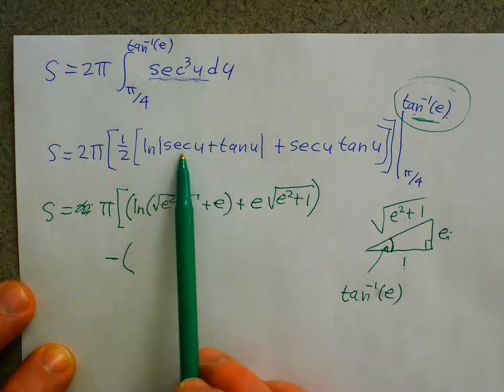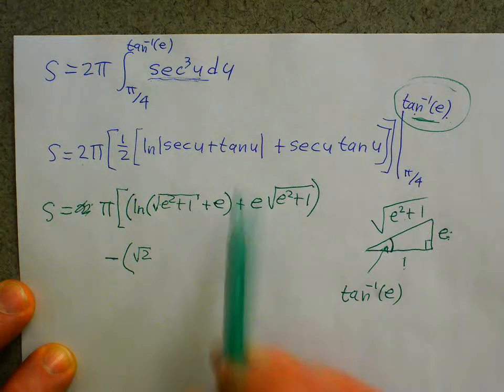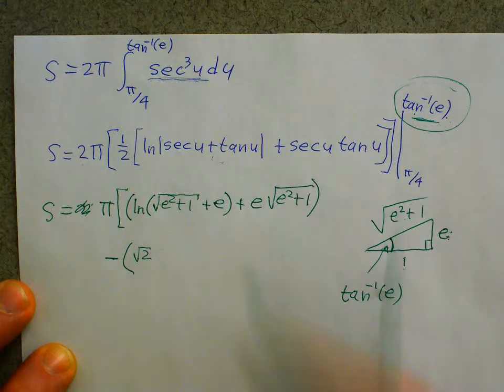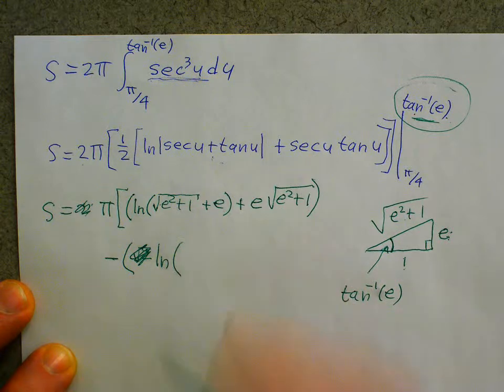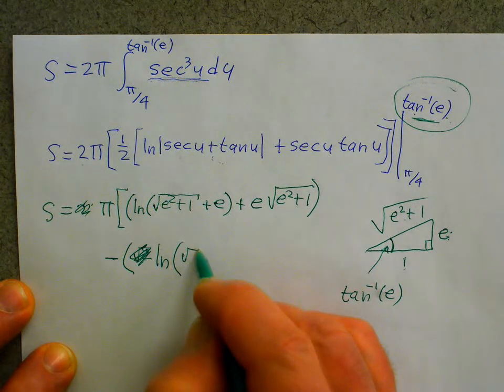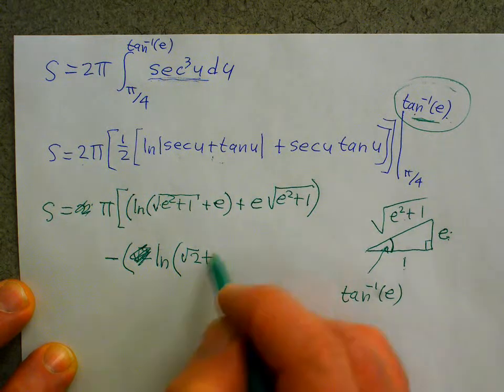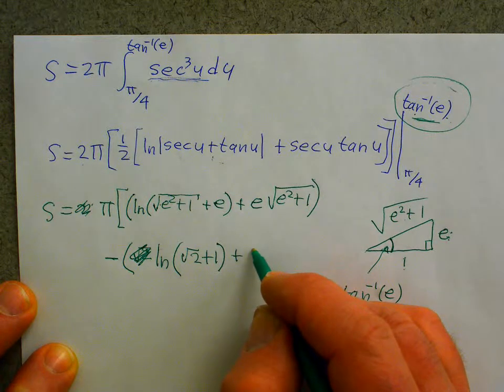So secant of pi over 4 is the square root of 2. Sorry, I need minus the natural log of this. The natural log of secant of u is the square root of 2 plus 1. And then we're adding that to secant of u, tangent of u, which is the square root of 2 times 1.